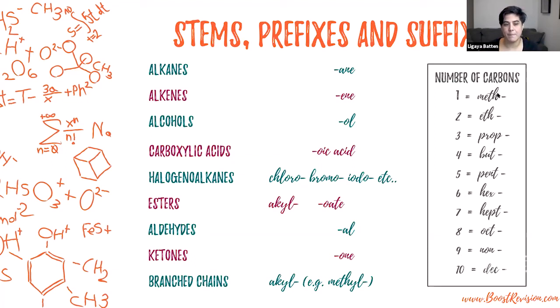So you need to remember the naming for numbers of carbons in the stem that go from 1 to 10, and then the prefixes and suffixes, which show our functional groups, which either come at the end or the beginning of the name. So the number of carbons gives us the stem, and the functional groups give us the prefix or suffix.